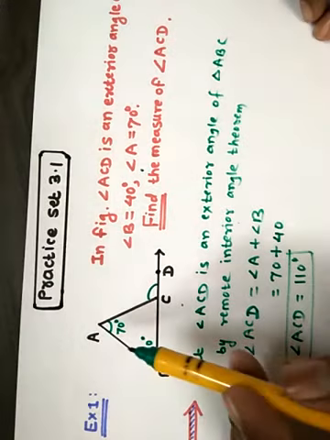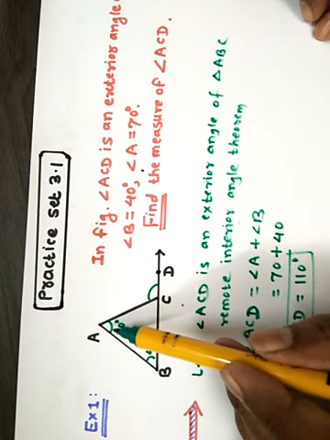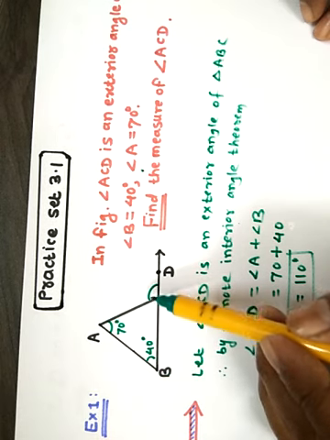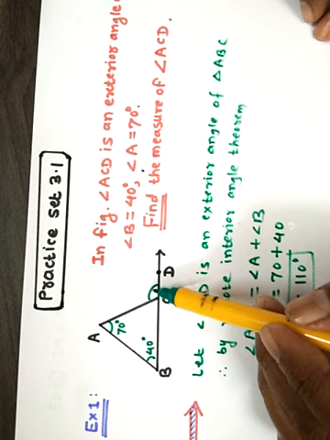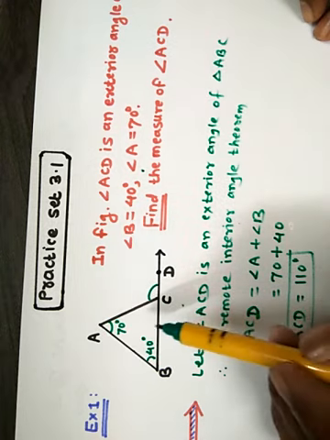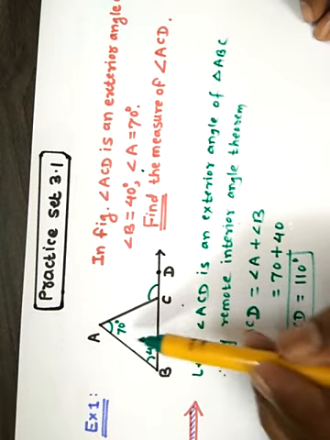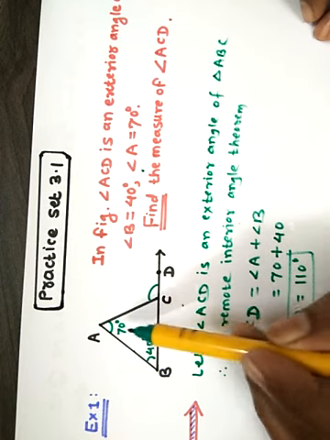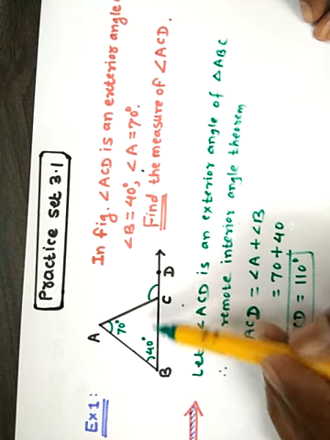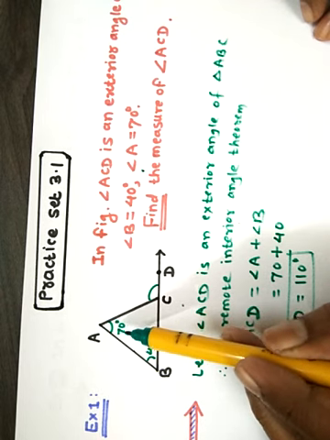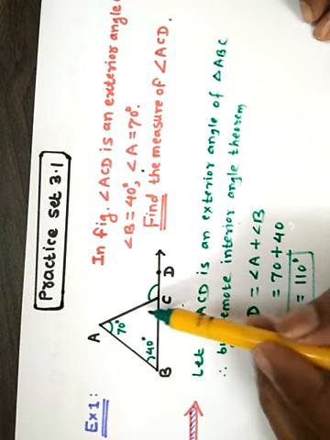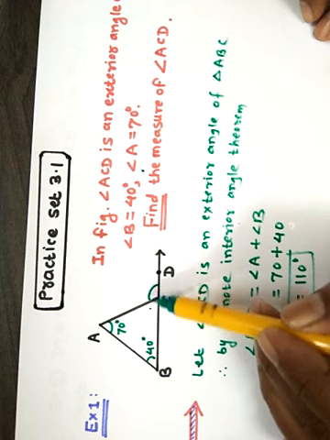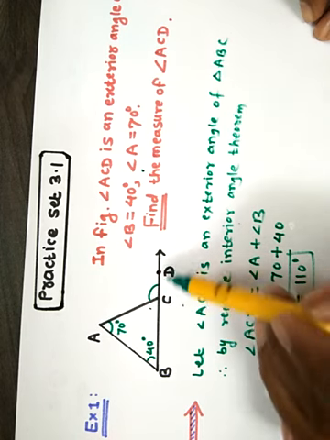In an example, if the remote interior angles are given, we can also find the measure of the exterior angle, because there is a relation between the exterior angle and the remote interior angles. We could also find it by using the fact that the sum of measures of all angles of a triangle is 180 degrees: first we find angle C, and then find angle ACD using the linear pair axiom.